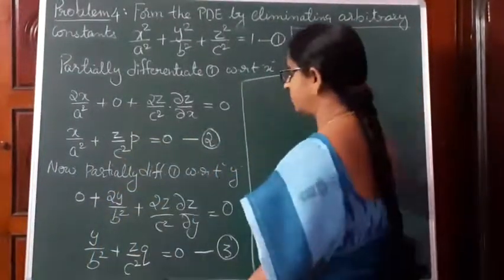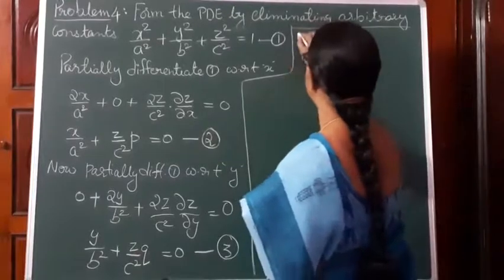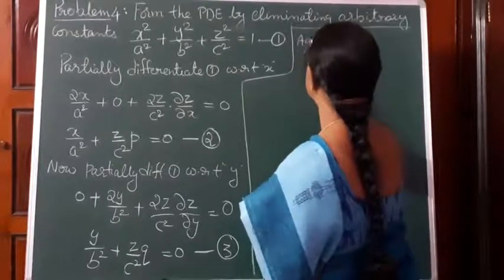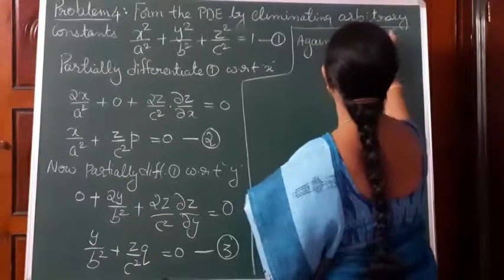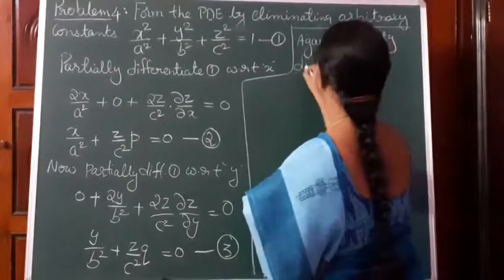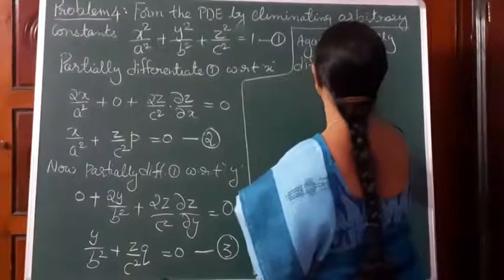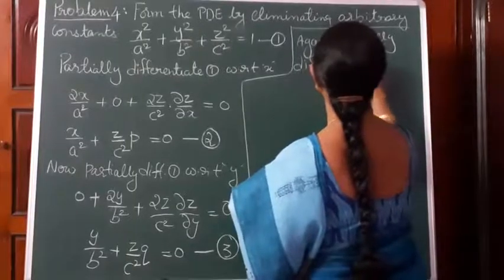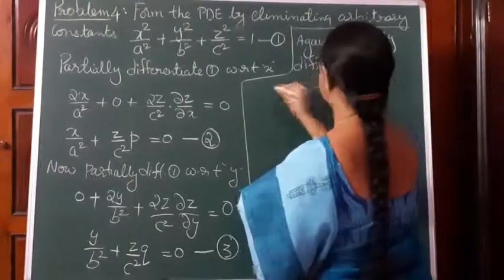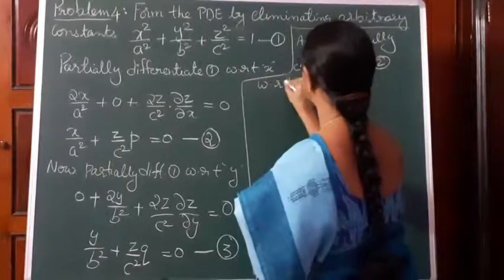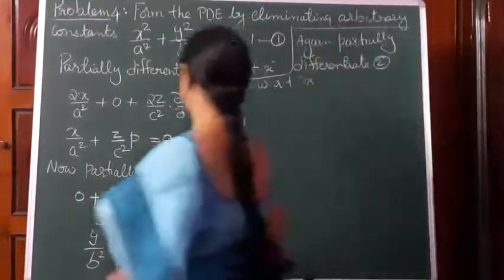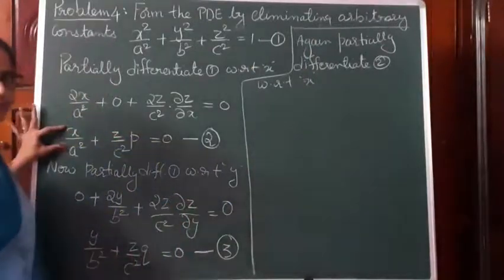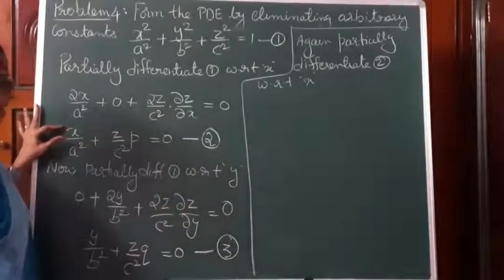So what we do here is we again partially differentiate 2 with respect to x. Okay. Look carefully. This is equation number 2. We are differentiating this with respect to x.